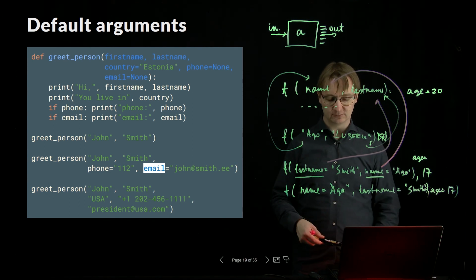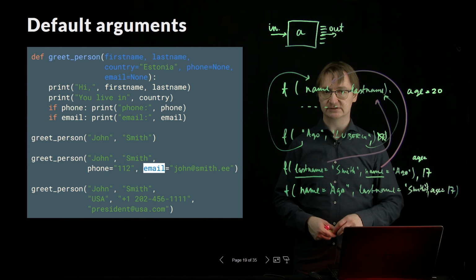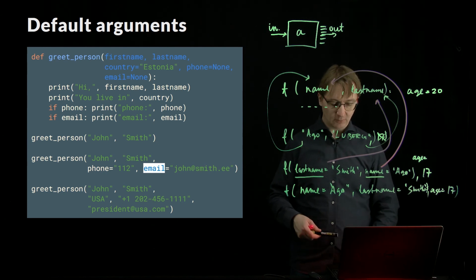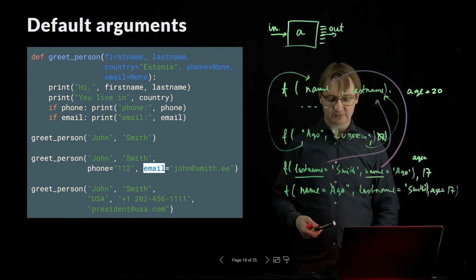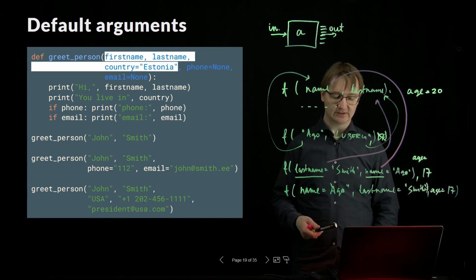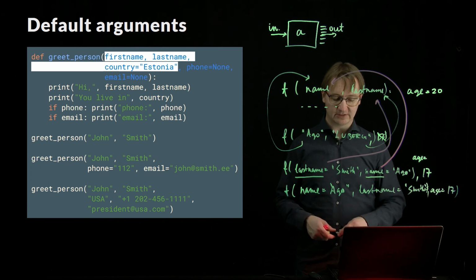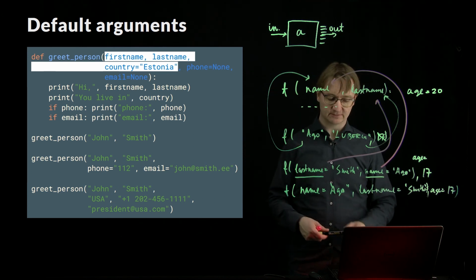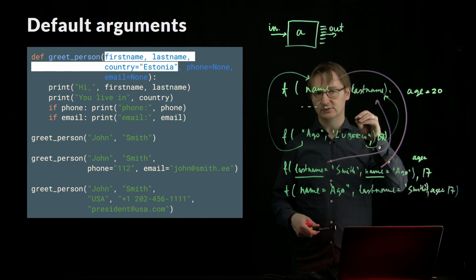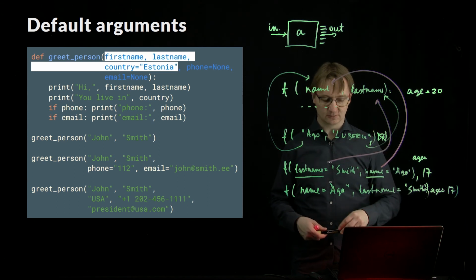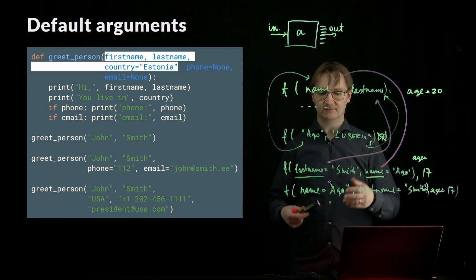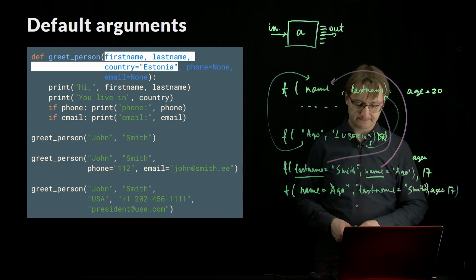Then you have to use the parameter name here. Or of course, if you only want to specify country and the phone and email are not relevant, then you can also write John Smith and Estonia or John Smith USA without specifying that it's a country. Then it uses the positions to pass in the values into the parameters.